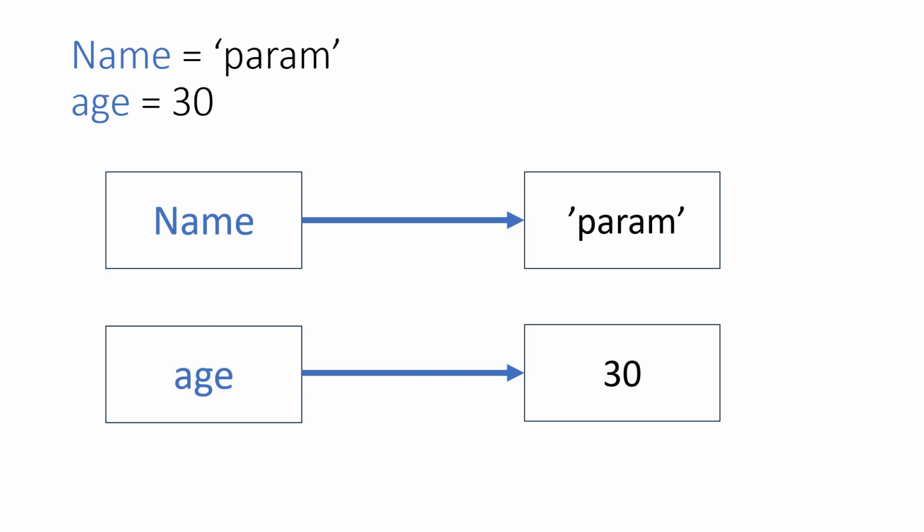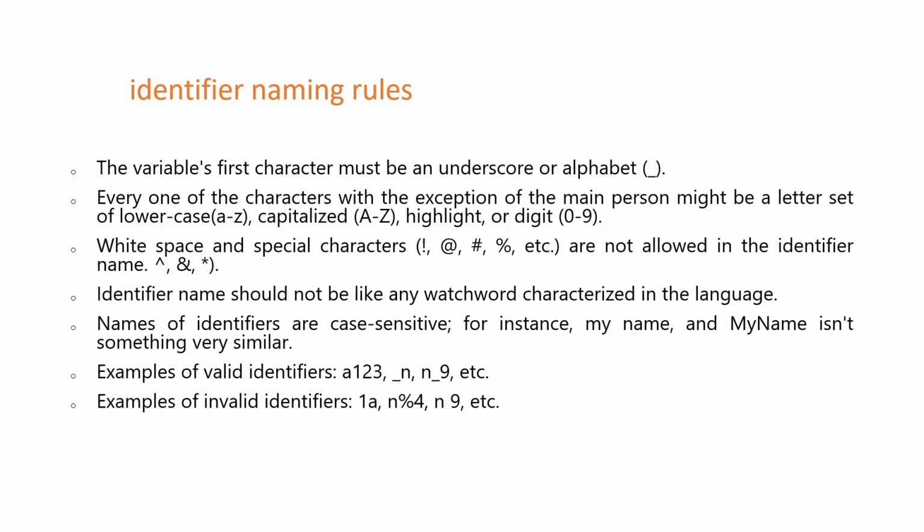Identifiers have some rules. We have to follow these rules to create a correct or valid variable. Identifier naming rules: you have to follow these. The variable's first character must be an underscore or an alphabet. Every other character, with the exception of the first, might be a letter, lowercase or capitalized, underscore, or digit.